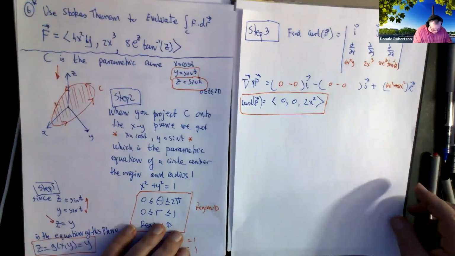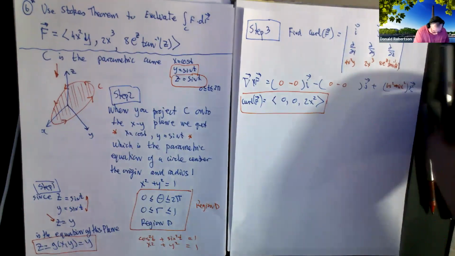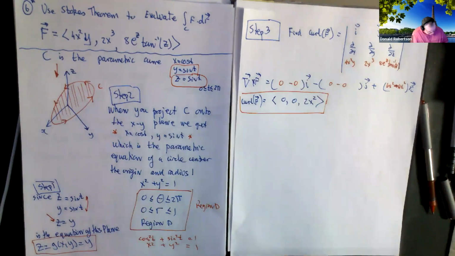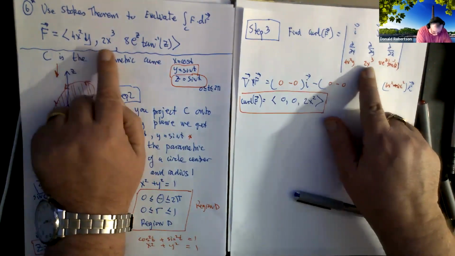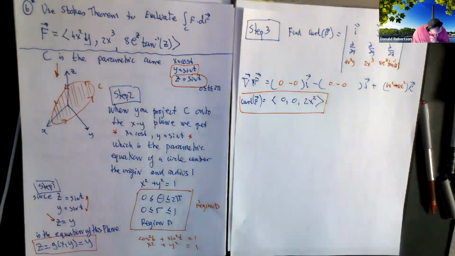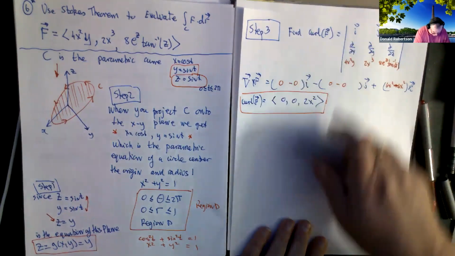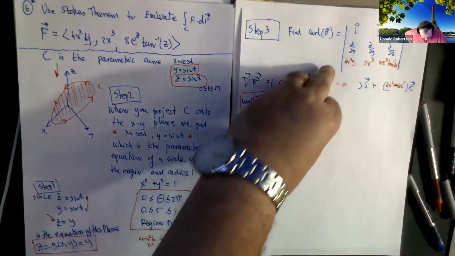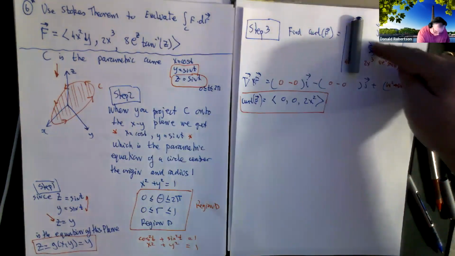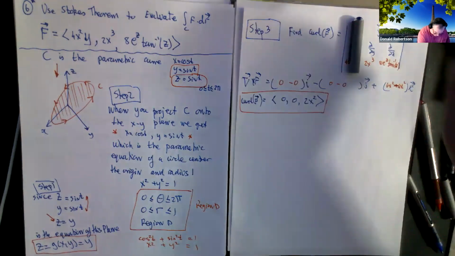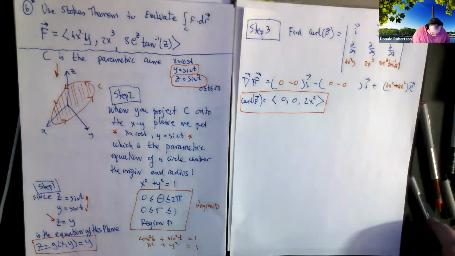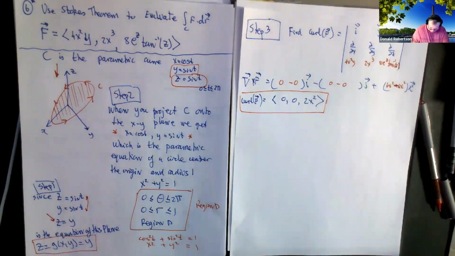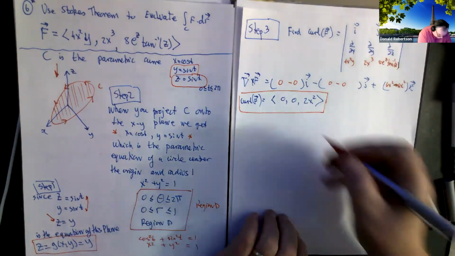Step 3 is we find the curl, and there's the values for the Fy and the Z components. And if you do the usual, cover this guy up, 0 take away 0. In fact, the answer comes out as simply just this guy. So let's continue this one now.